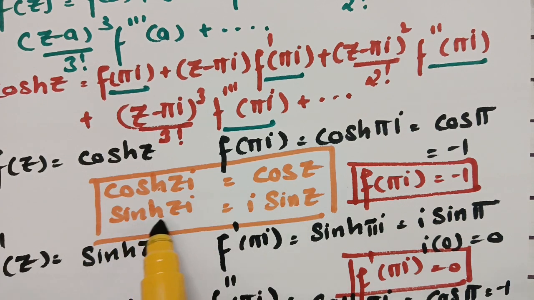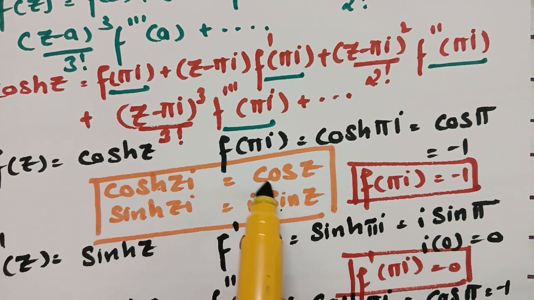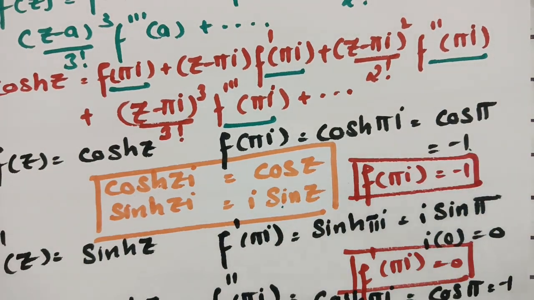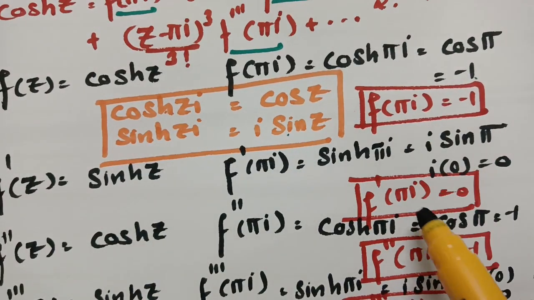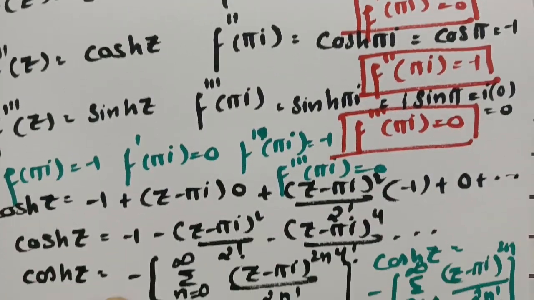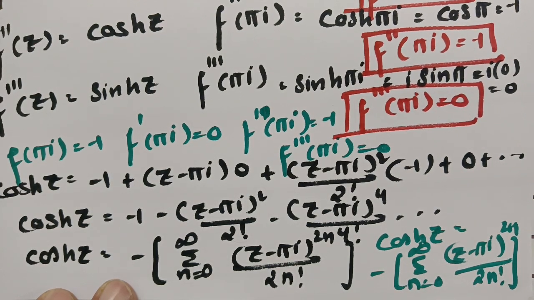In place of sin h zi, we keep the i outside and write only the trigonometric function sin z. If you keep this in mind, it will be very easy. That is, cos pi value is minus 1. So we got all the 4 values, f dash, f double dash, triple dash. After substituting, we got only the even powers, and therefore minus sigma n is equal to 0 to infinity z minus pi i power 2n by 2n factorial.